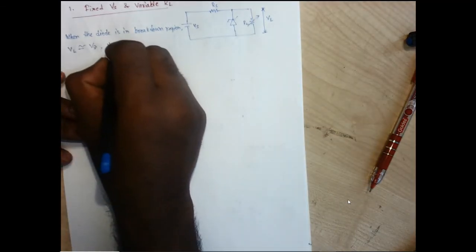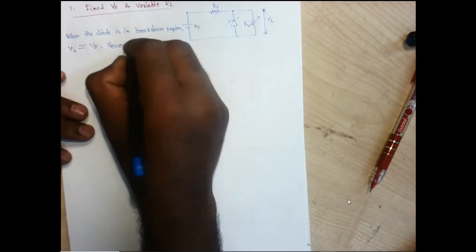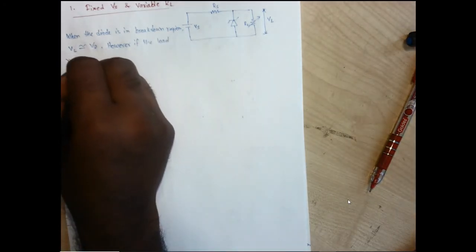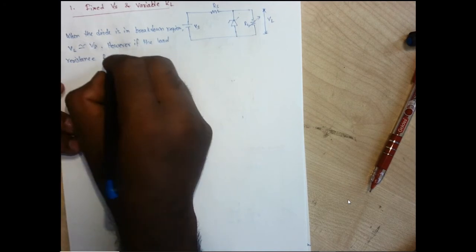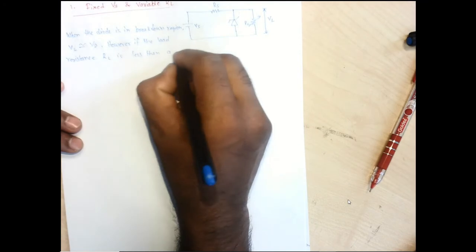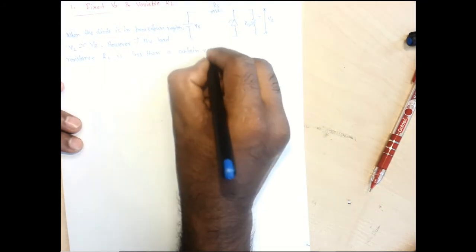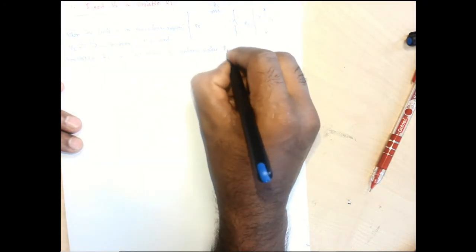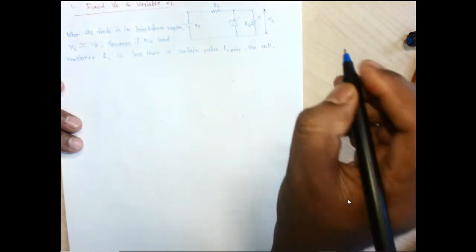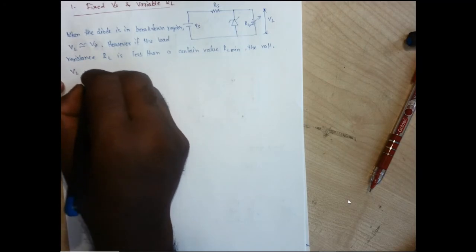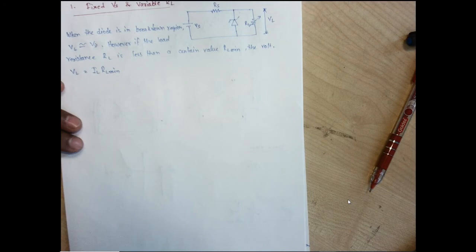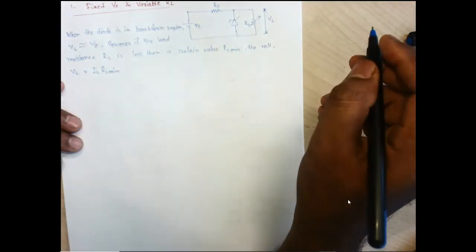However, if the load resistance RL is less than a certain value, RL min, the voltage VL will become IL into RL min, because that is the current flowing through this RL.